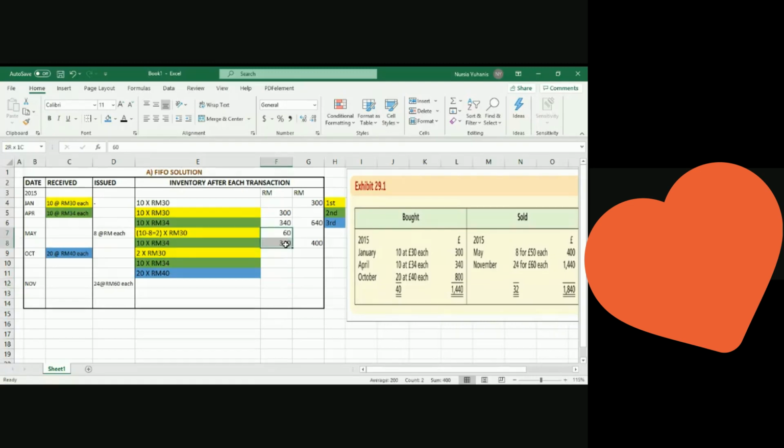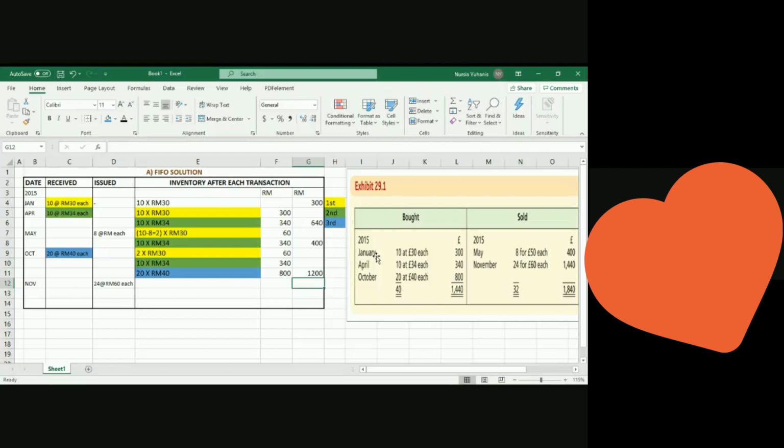The amount for this one will be the same here, and this one will be 20 multiplied by 40, 800. So the total of these three is 1,200. 1,100. Okay.